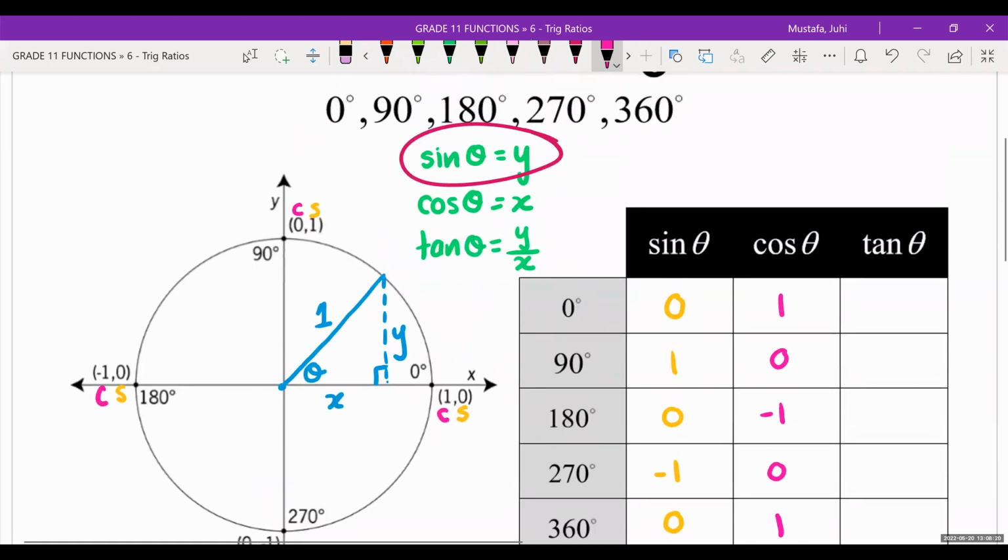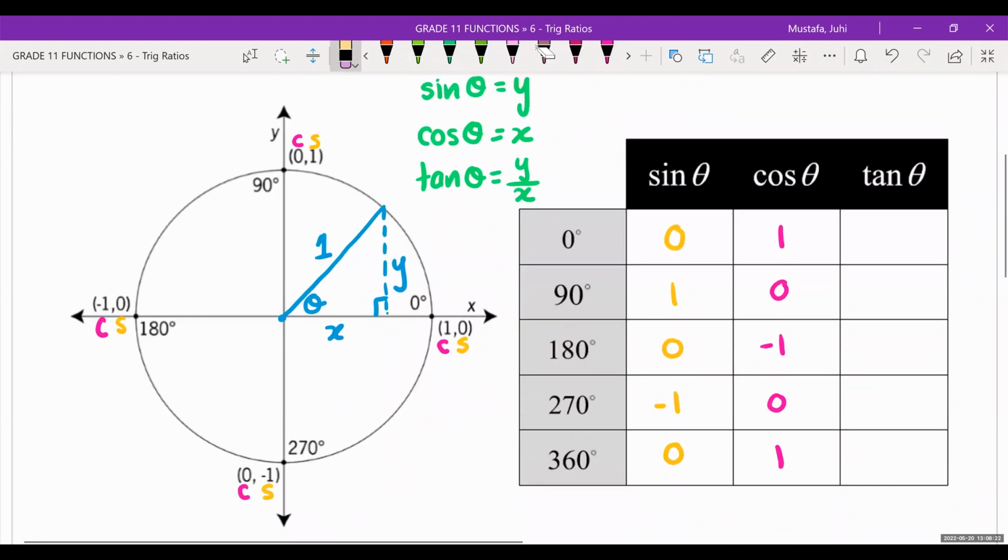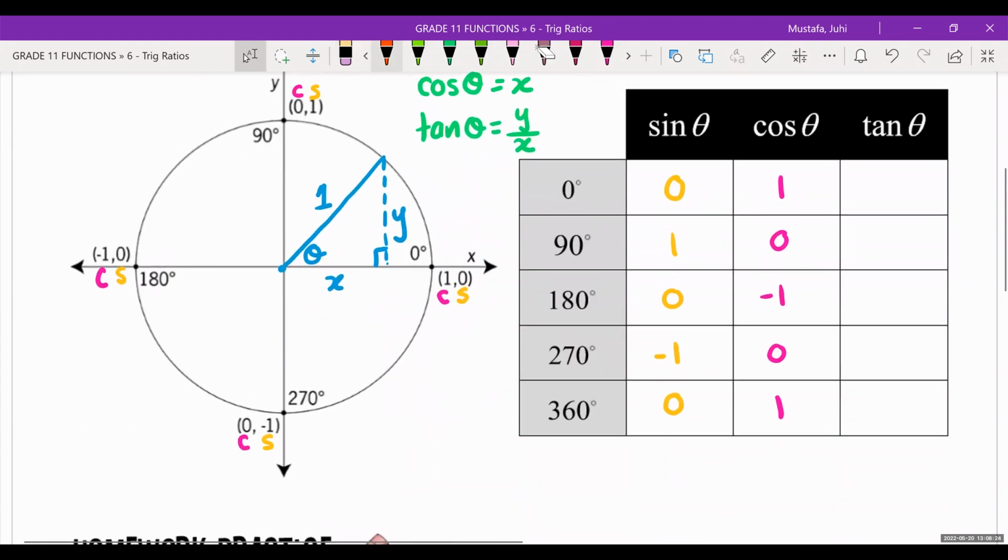How about tan? Tan is a little bit weird because what you're going to do for tan is take the ratio of the numbers. So for example, tan over here, tan theta is going to be y over x. So you're basically dividing your y value, which is 0, over your x value, which is 1. 0 divided by 1 is just the number 0.